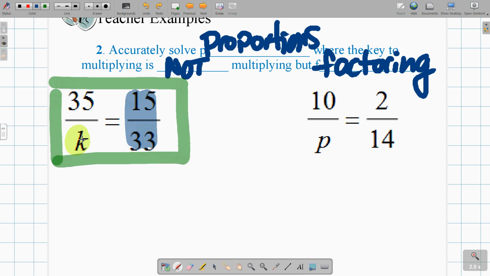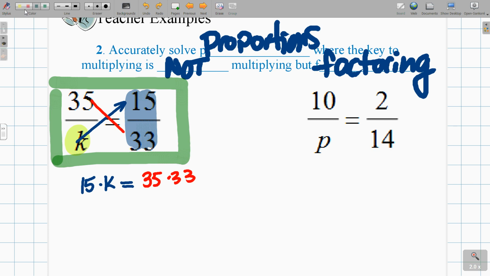So we're going to cross multiply. We have 15 times k equals 35 times 33. Don't even dream of looking at a calculator right now. Most of you are like, I don't want to do 35 times 33. Well, guess what? You don't have to.